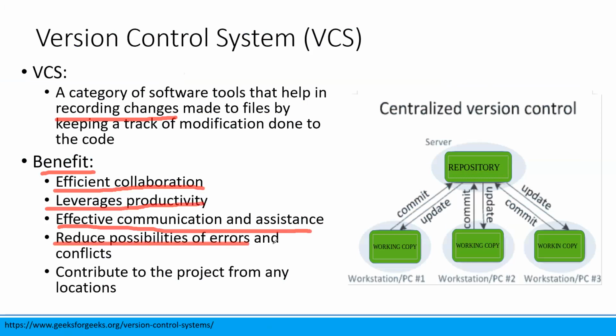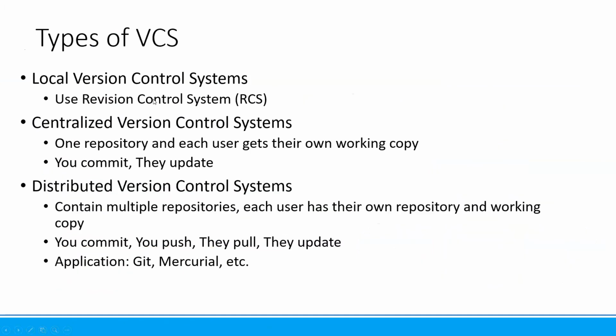Reduce possibility of errors and conflicts, so they can manage the version, and you can contribute to the project from any location. So you can work on your projects anywhere, not in one country. For example, you want to be in Bali, you can do the code not in Korea, et cetera.